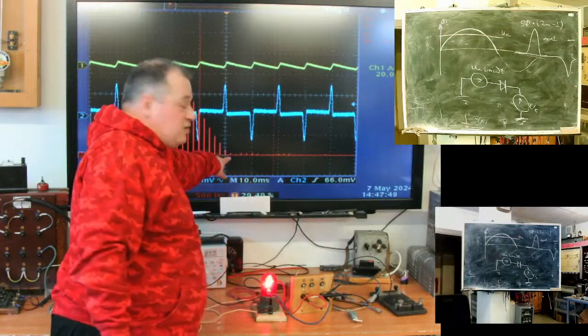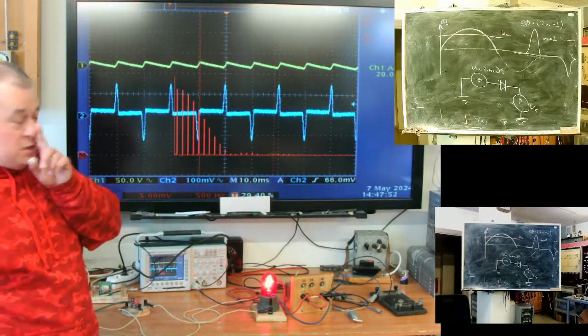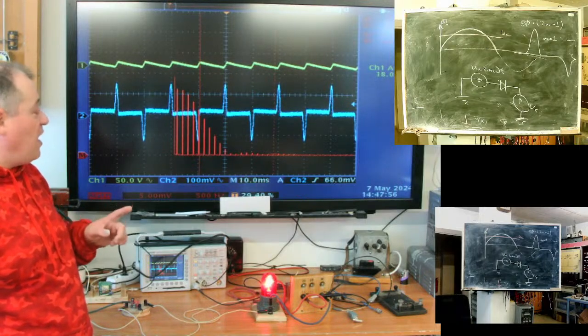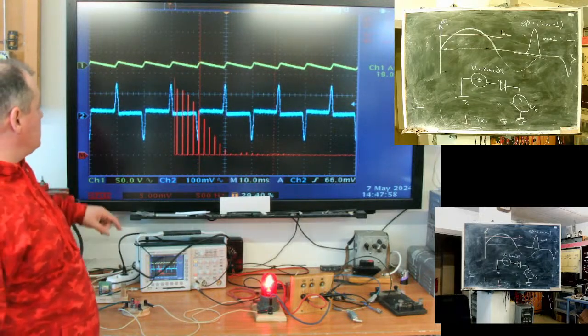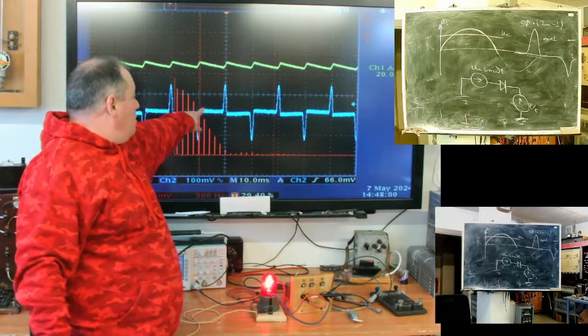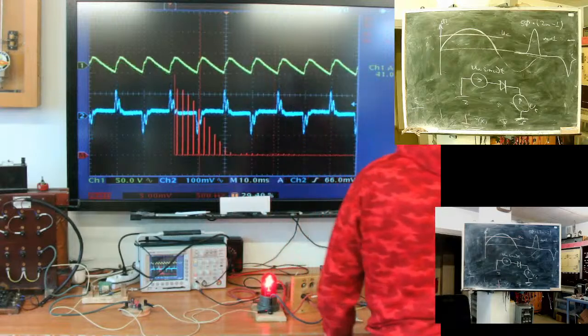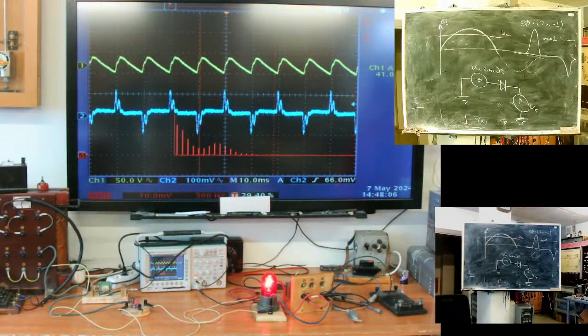Actually, this tail is quite short. So modern equipment with a rectifier on its input consumes current in the form like this. See this double spike? It's the current coming from the network.